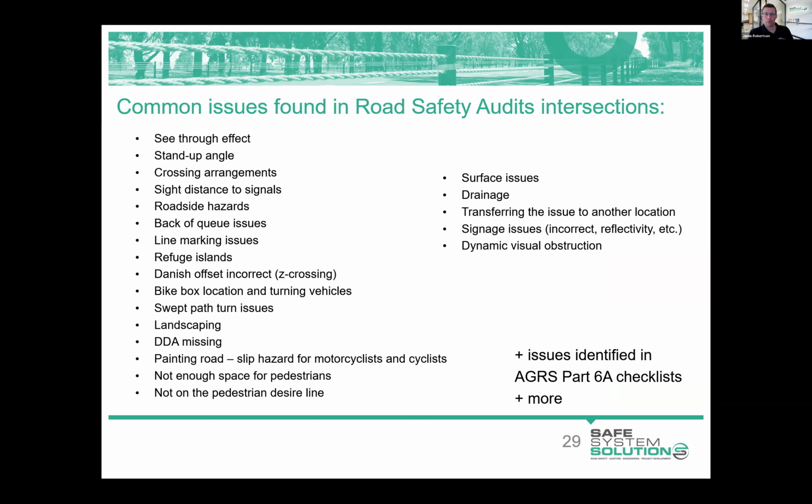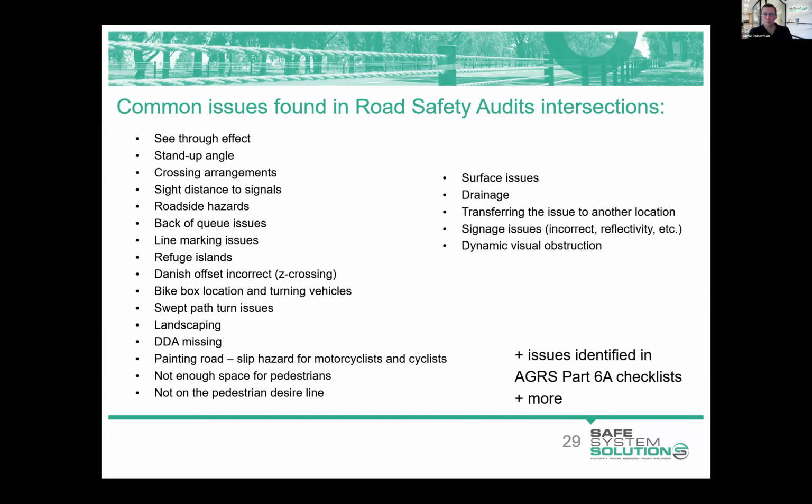My last couple of slides list off a number of common issues that we encounter at intersections and mid-block sections. These items are listed in the checklists that appear in the back of Guide to Road Safety Part 6A.